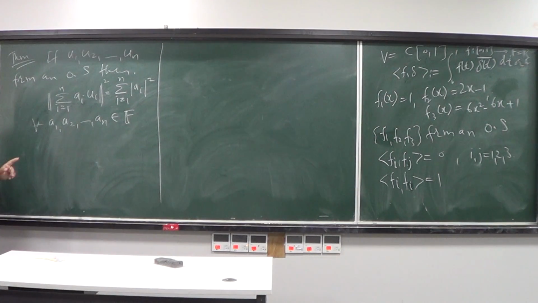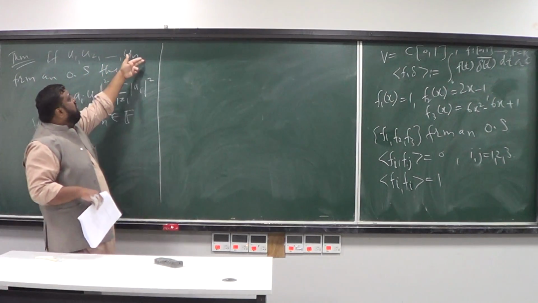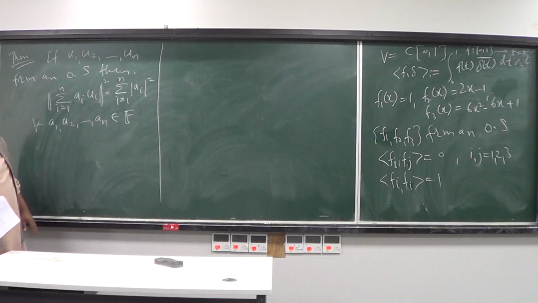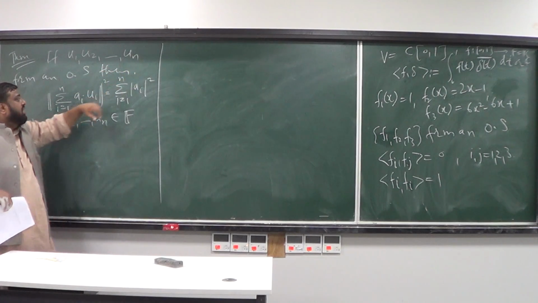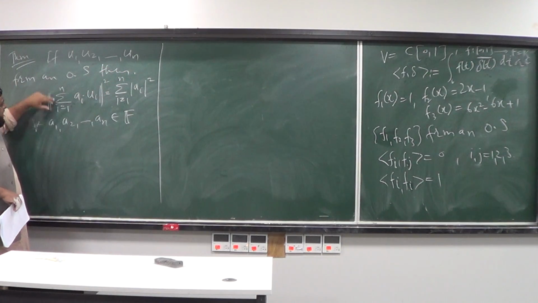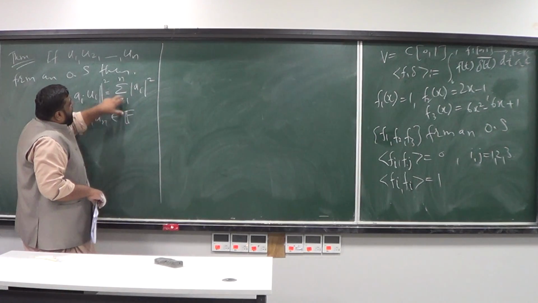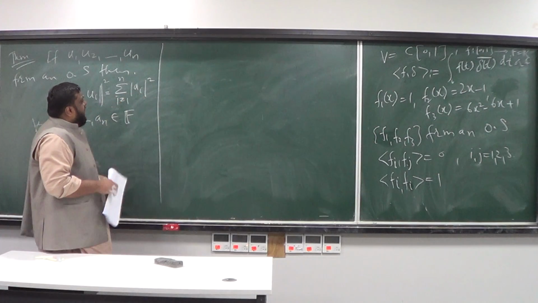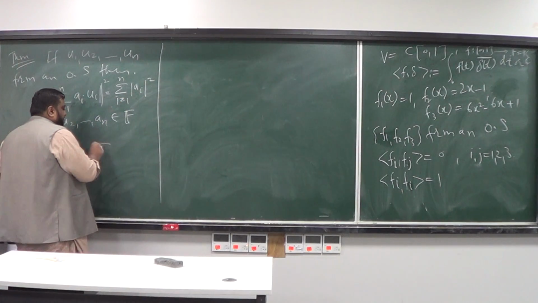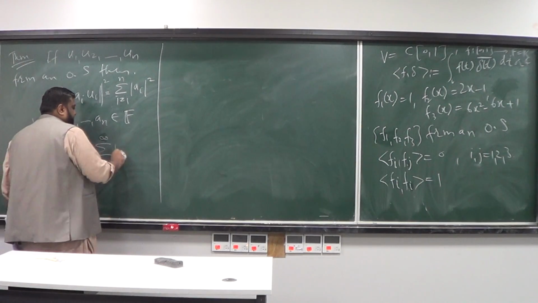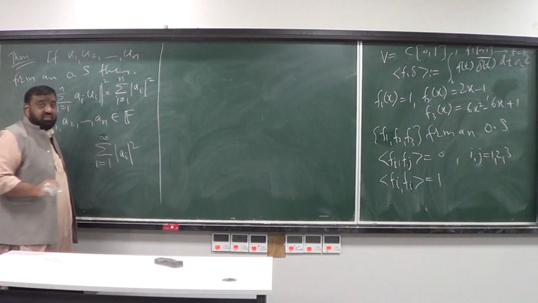Secondly, you might ask why this result is not true for an infinite orthonormal system. The answer is that if you have an infinite orthonormal system and you try to calculate this, with i equal to 1 to infinity, this would be the sum from i equal to 1 to infinity of the magnitude of a_i squared. The trouble is we don't know whether this series converges or not.